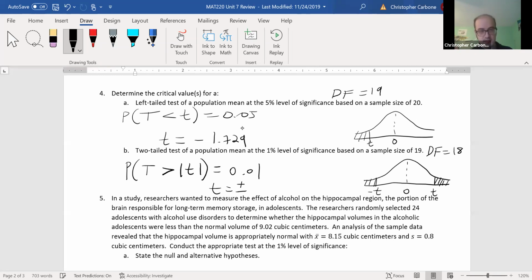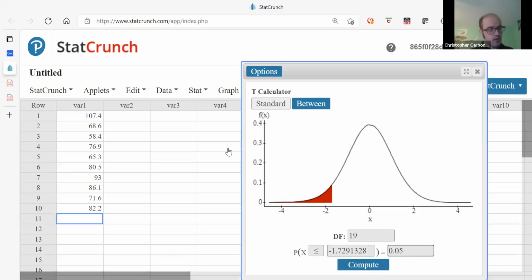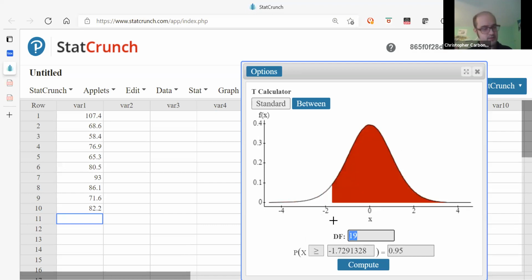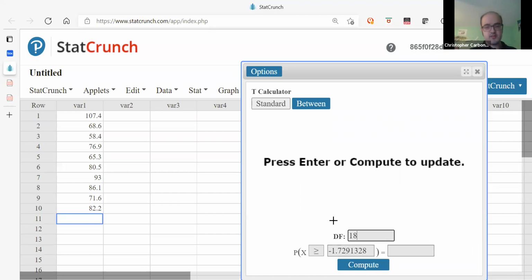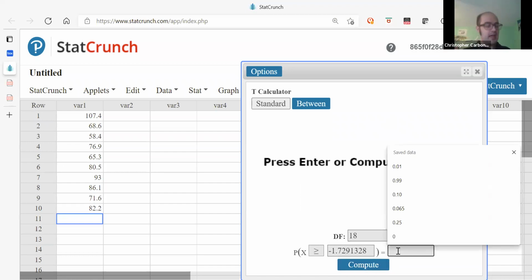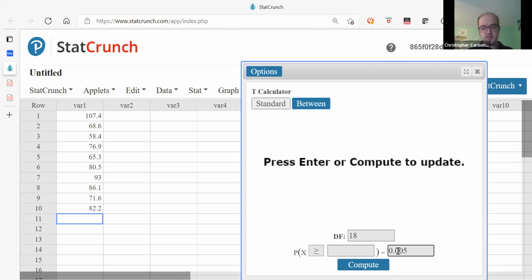So for this one, we are getting ourselves two answers, a positive and a negative version. Is there a best way to do this? No. There's more than one way to do it. But I'm going to put in the degrees of freedom of 18. And since the areas on either side need to add up to be 1%, the area on either side is half of 1%, so 0.005.